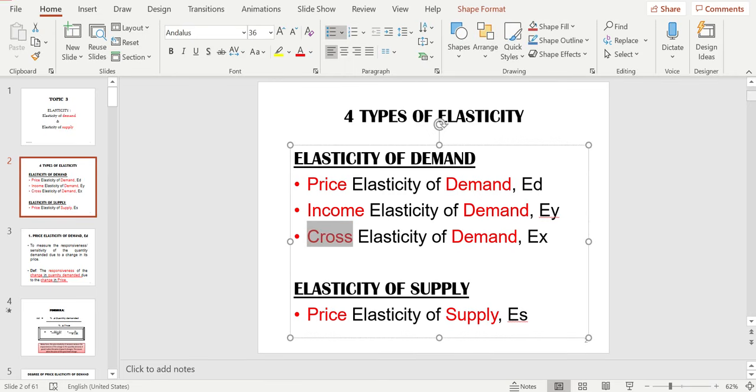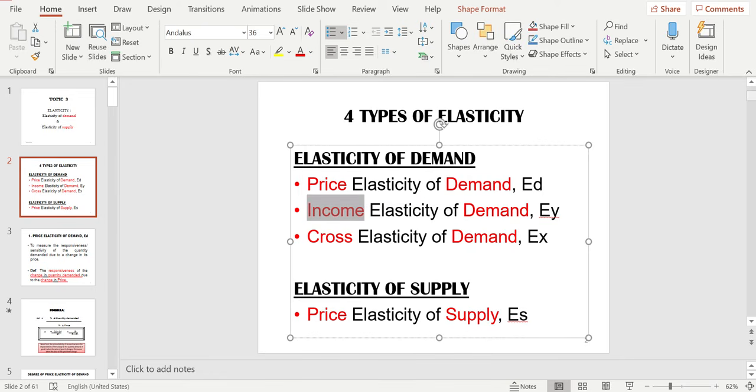While under the elasticity of supply, we have only one, which is the price elasticity of supply. So I will use this as the short form. E stands for elasticity, D for demand. So within that, this is the price elasticity of demand. While the second one, E, Y stands for income elasticity of demand.